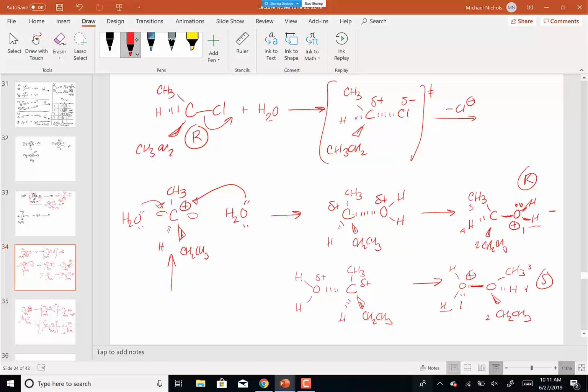So I tend to focus on where the action is. If you were to lose the chlorine, I wouldn't take any points off for that. It's there, but it's not a high priority. If you don't show it, I'm not going to take points off.